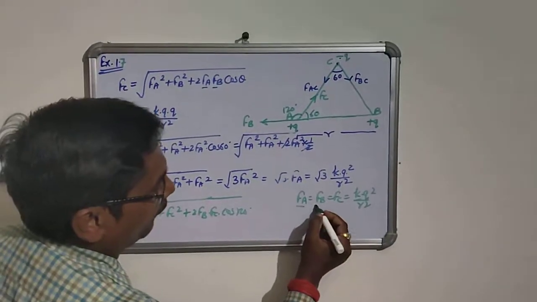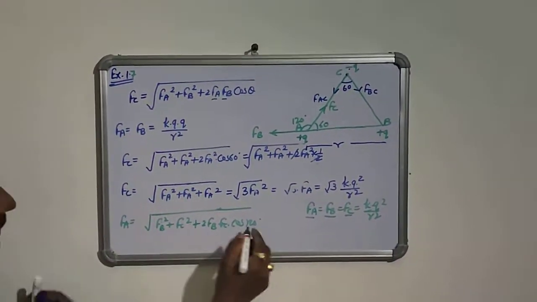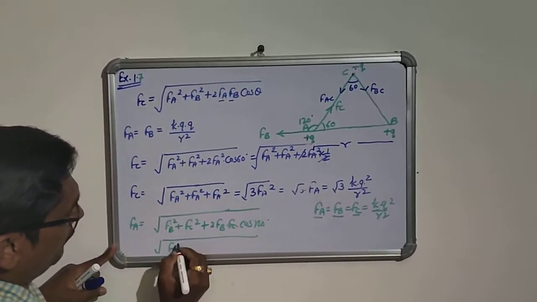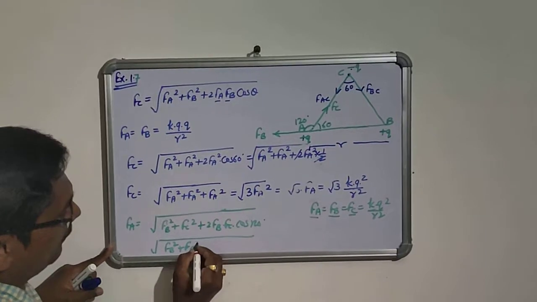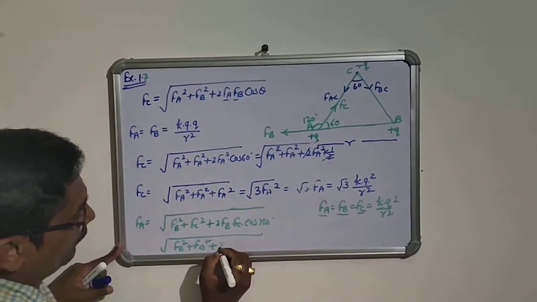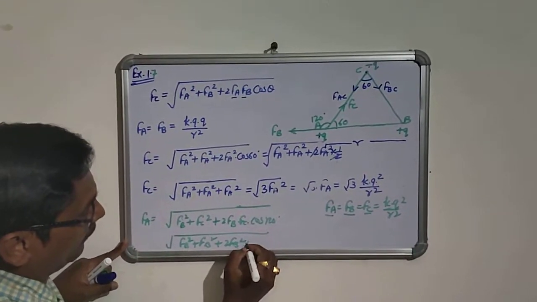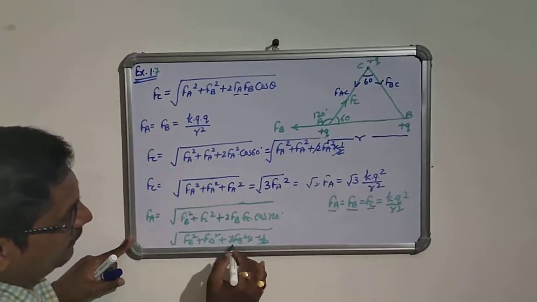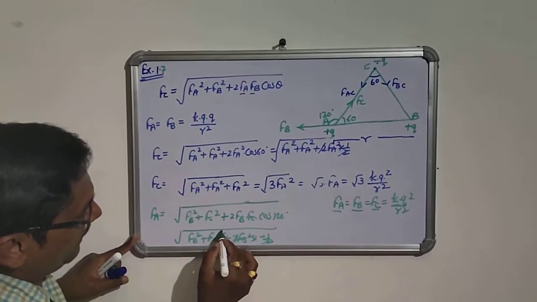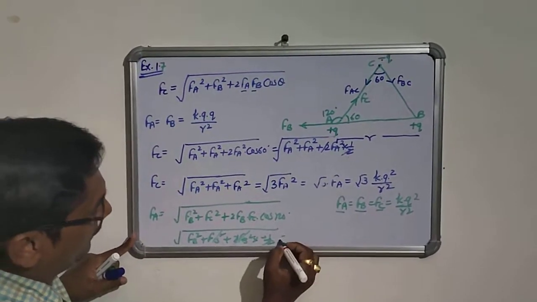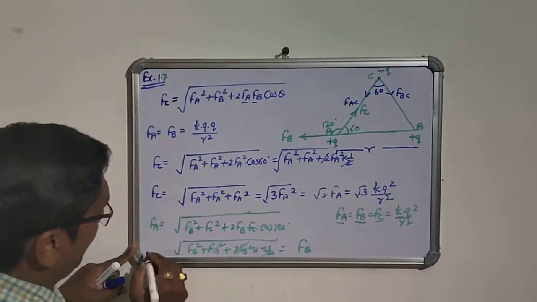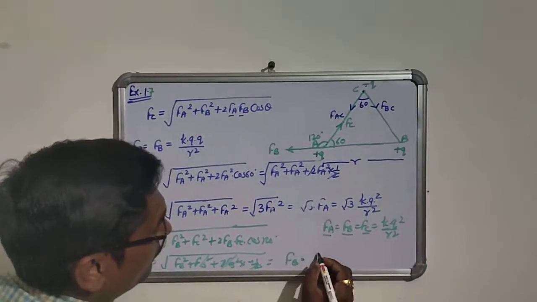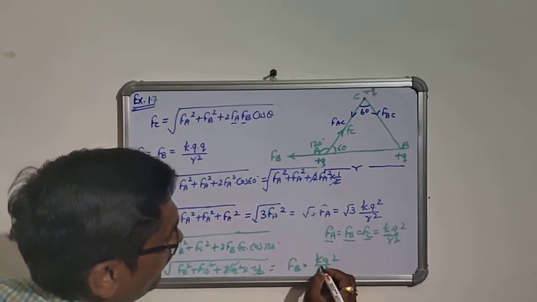So the magnitudes of forces are equal. Now we put in the values: F_B square plus F_B square plus 2 F_B square times minus 1 by 2. The 2 cancels, so minus F_B square cancels out these two terms. Now the resultant force on A is F_B. So F_A is equal to F_B, which equals kQ square by R square.